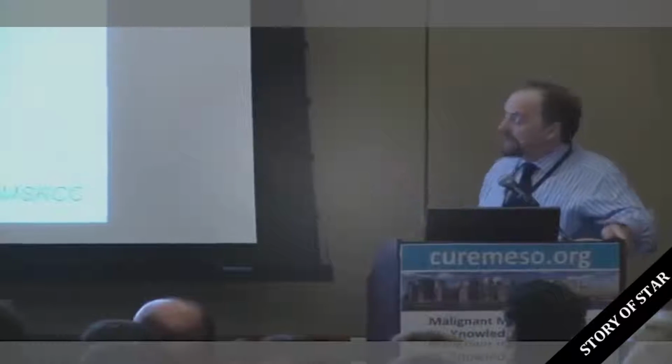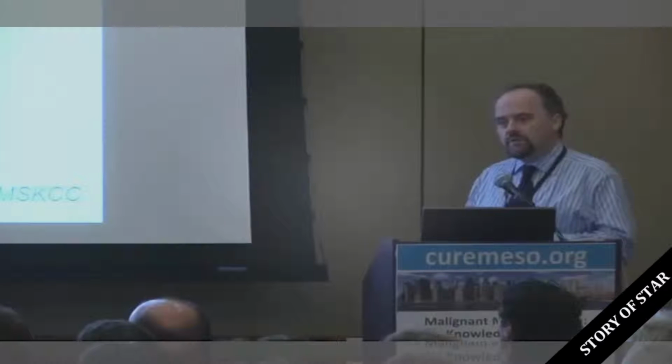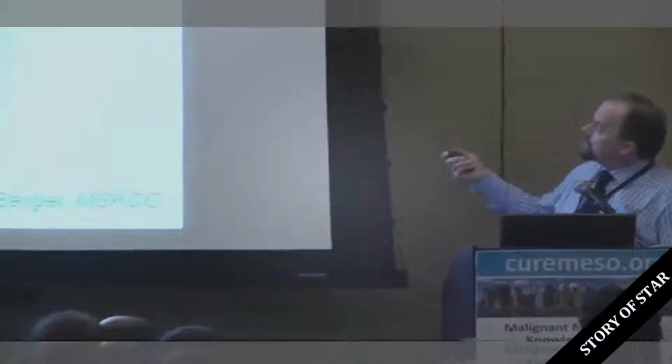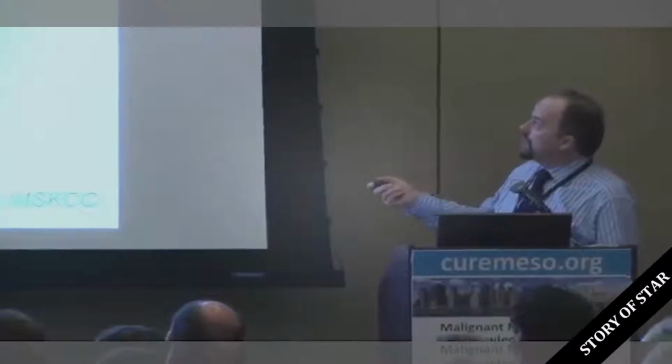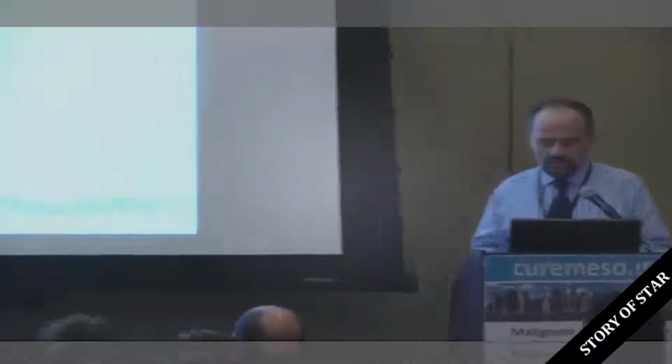And most recently in melanomas, about 50% of melanomas have mutations in this gene called BRAF, and they are very responsive to the specific inhibitor of this mutant BRAF. And these scans show the before and after pictures for these patients.